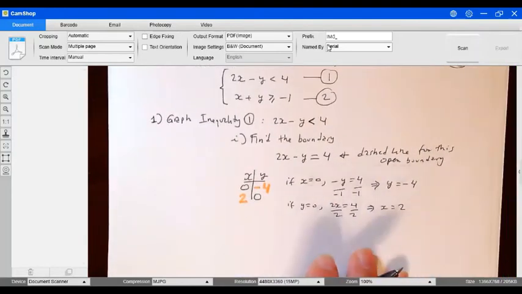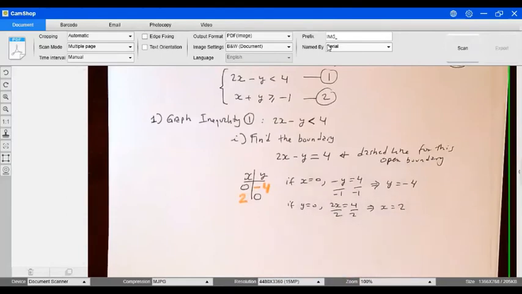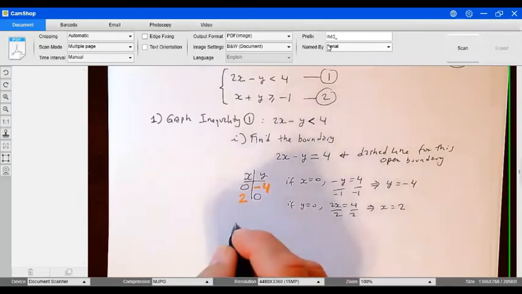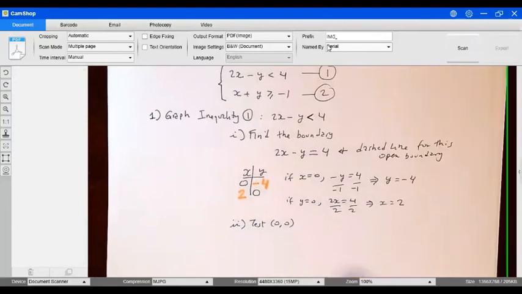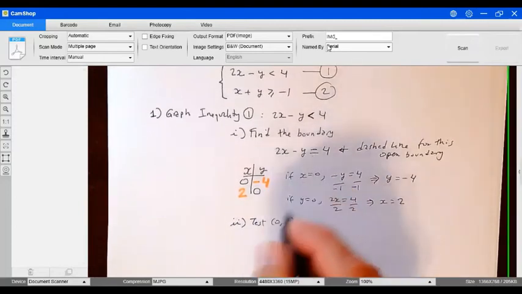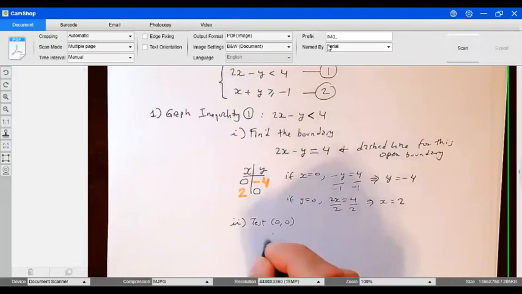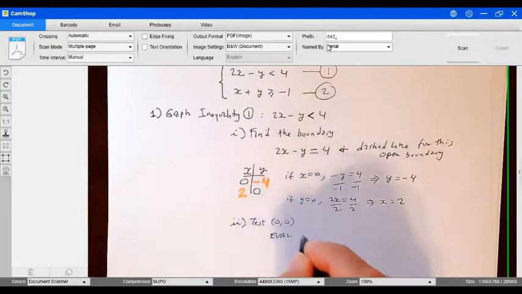Once you find the boundary, you need to test to see what is the solution region for the first inequality. You test 0, 0, the origin, in the first inequality, 2x minus y less than 4.